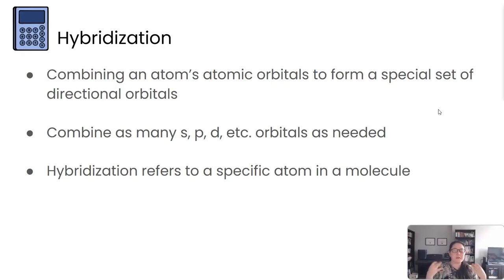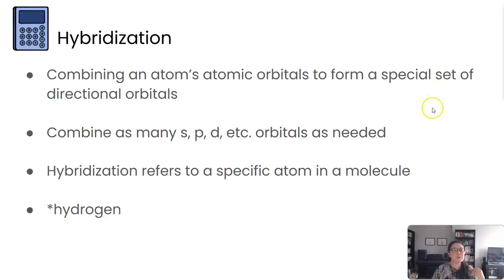If we're dealing with a molecule that has one central atom and then terminal atoms, typically the hybridization is going to refer to that central atom, though I can ask about the terminal ones as well. And if you have a bigger structure where you have a chain or a ring or something like that, it's going to ask for the hybridization of this specific carbon or that specific nitrogen, and so on and so forth.